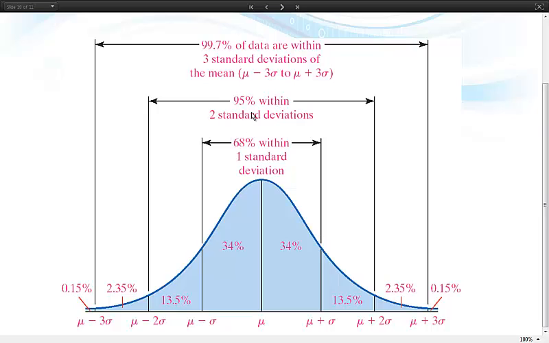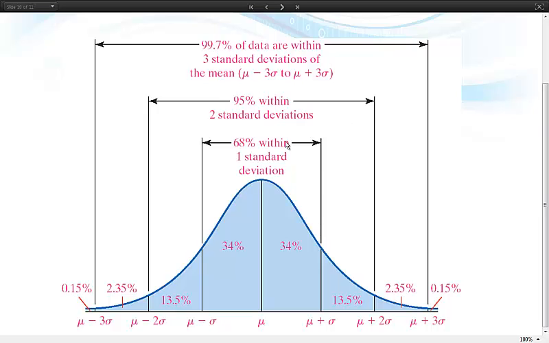95% of the values fall within 2 standard deviations, technically within the mean minus 2 standard deviations as my lower limit up to the mean plus 2 standard deviations as my upper limit. And 99.7% of the values fall within 3 standard deviations.